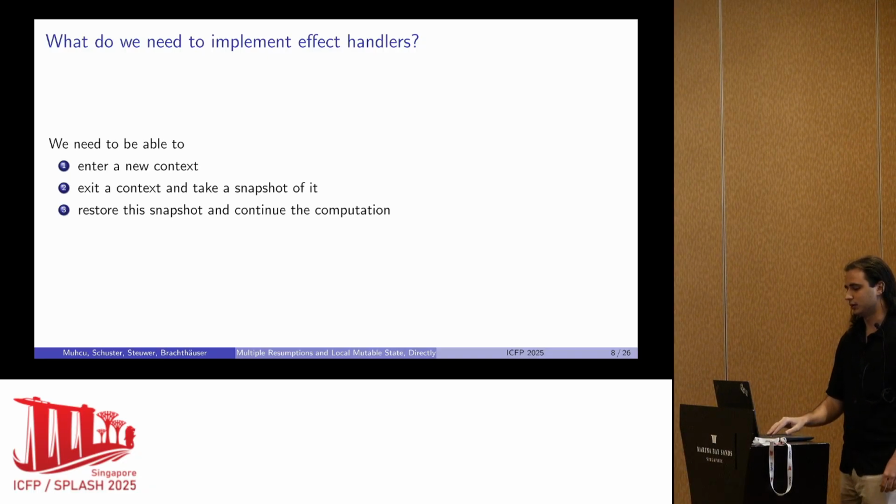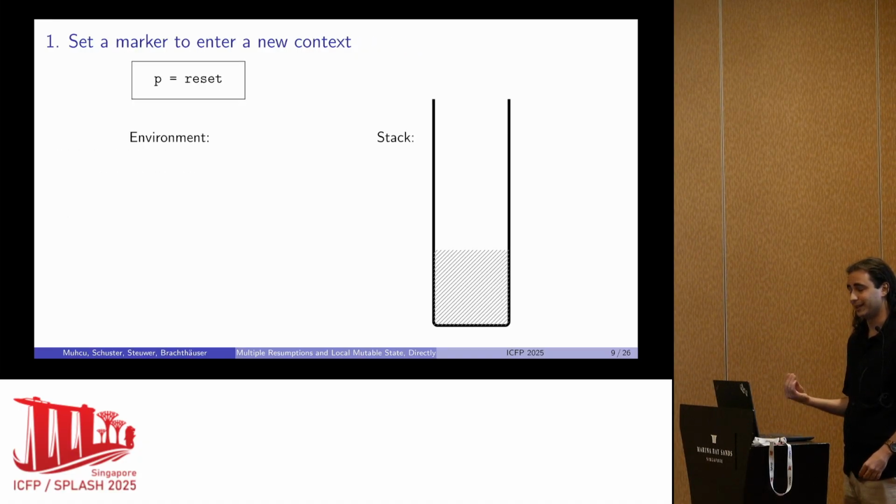For that, we're using a few operations known from multi-prompt delimited control. First of all, we are having the reset operation, which on this abstract call stack here just pushes a delimiter or prompt onto the stack with a freshly generated label. Also, in the environment, we're storing this fresh label in the variable p.